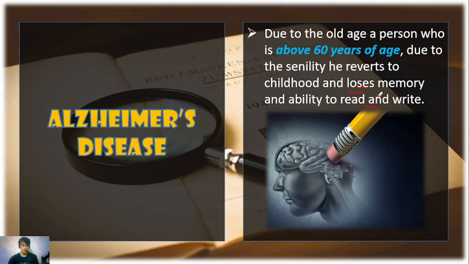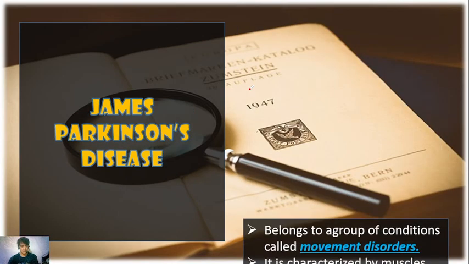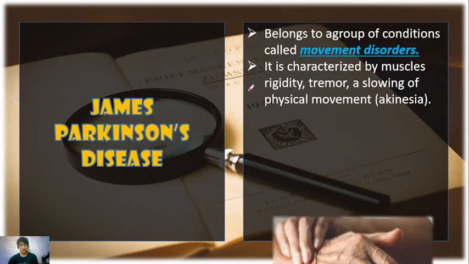Sabi nga natin kanina, in order for us to produce handwriting, the brain or our mind is involved. So with that condition, we lose our memory, and we find it difficult to produce handwriting already. So that could be one effect of Alzheimer's disease.